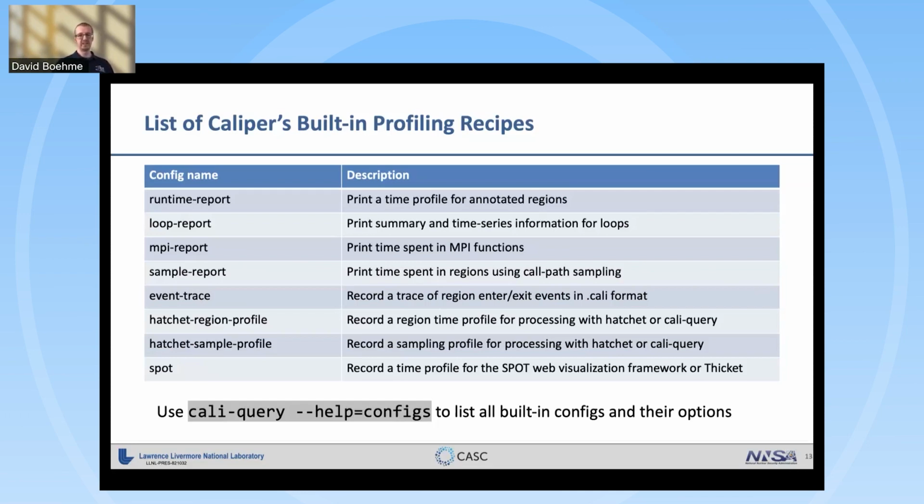And then there are several configurations that produce output for the Hatchet and Thicket tools and Spot. There again, you can choose between just region profiling, where you're just focusing on your annotated source regions, or you can enable sampling with that as well. There's a cali-query program, which can be used to analyze Caliper output, or also to figure out what kind of configuration flags Caliper is built with, and give you information on how to use these configuration recipes.